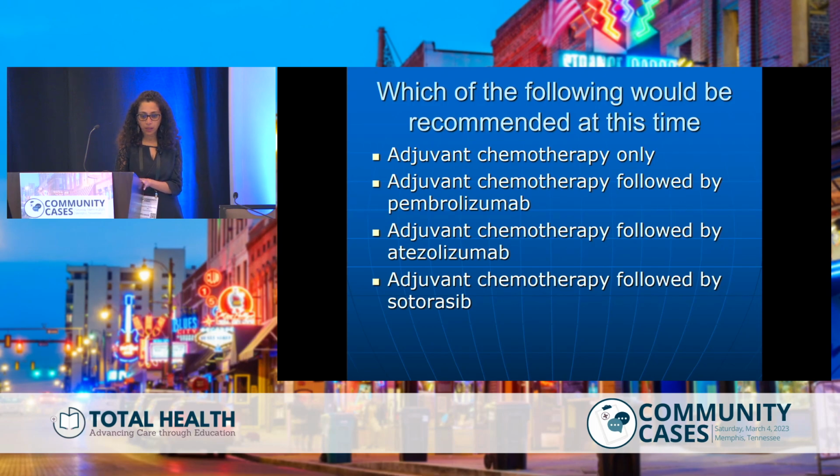In this case, the PD-L1 was 0%, and I think this is probably the most suitable answer. Adjuvant chemotherapy followed by atezo, only for PD-L1 positive tumors, and adjuvant chemotherapy followed by sotorasib, maybe in a clinical trial, but not as standard of care.